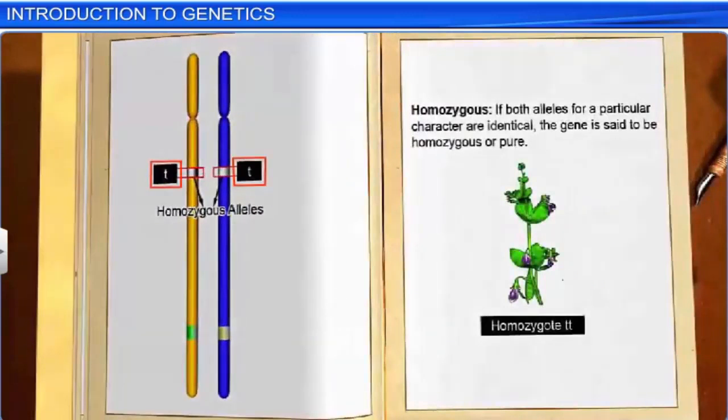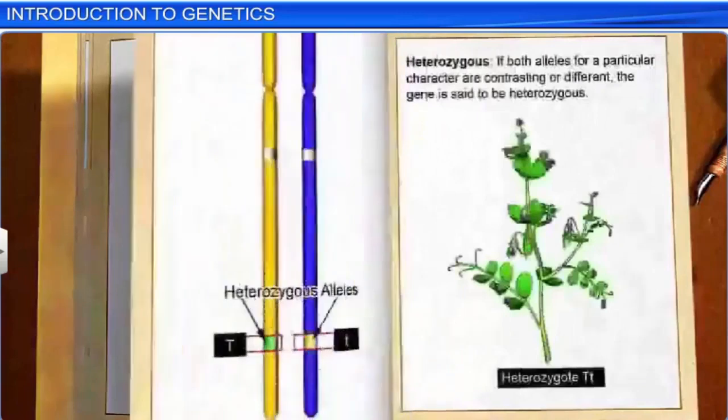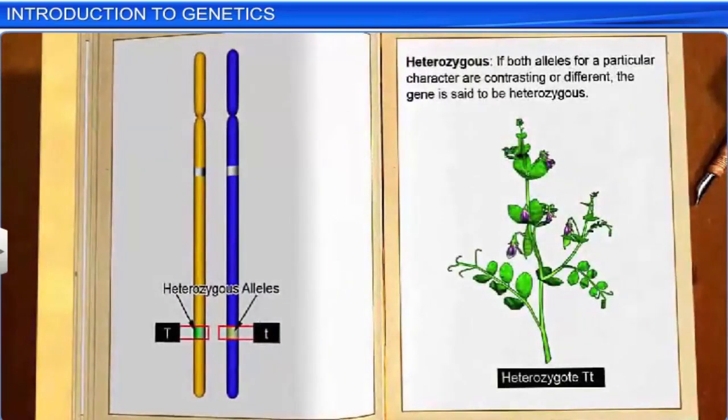If these 2 alleles for a particular character are identical, the gene is said to be homozygous or pure, and the individual is called a homozygote. On the other hand, if an organism possesses 2 contrasting or different alleles in a pair, the gene is called heterozygous, and the individual is called a heterozygote.